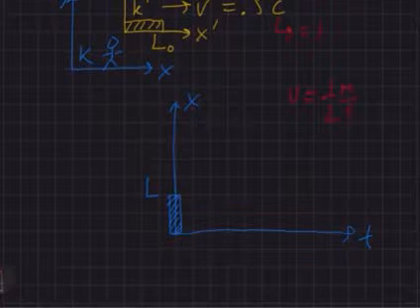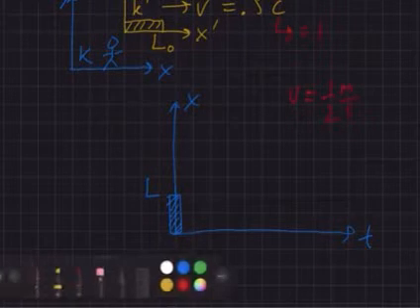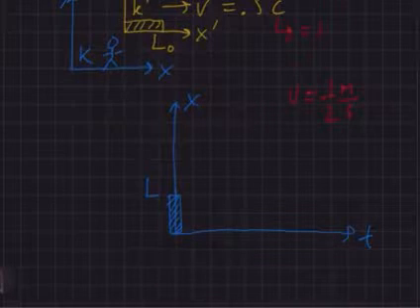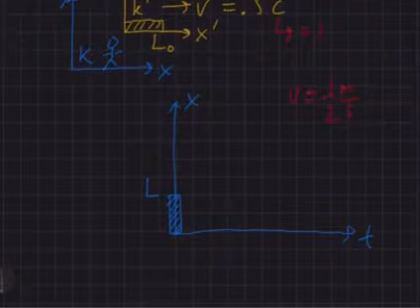Or in other words, the top end of our ruler is tracing out an evolution on our space-time diagram with a slope of 1/2.